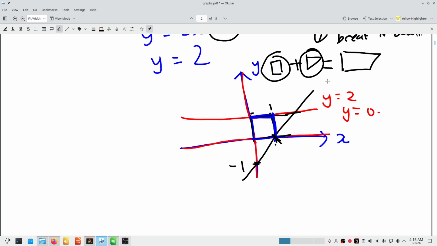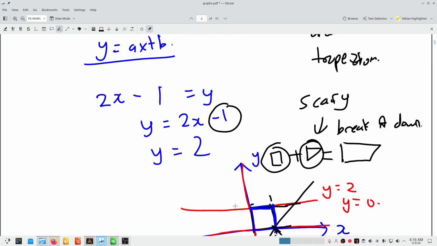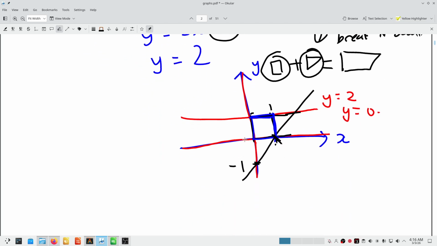So where the graph 2x minus 1 meets the x-axis, y equals to 0 is the x-axis. And then y equals to 2 is the second line. Then over here is the y-axis, x equals to 0.